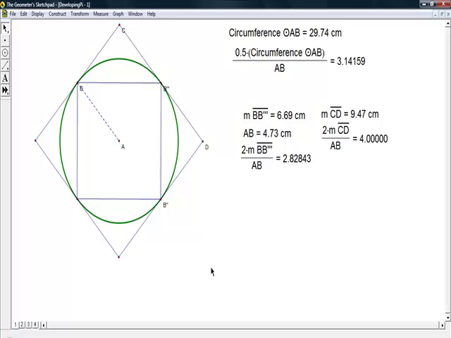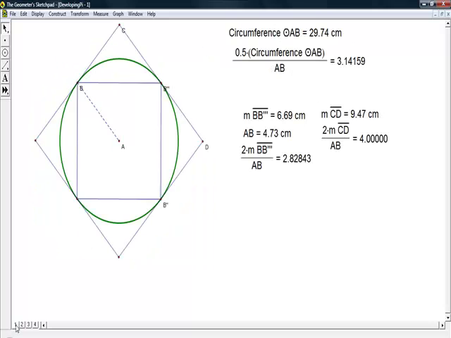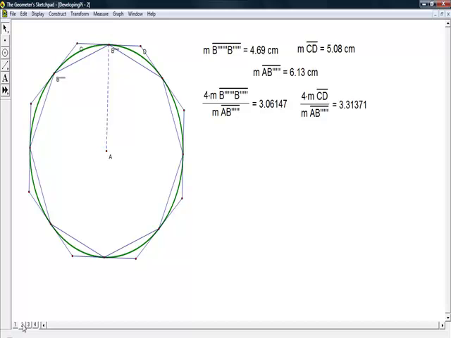Now, how do you get a better approximation? The way you do it is you add more sides. So I did an octagon instead of a square, and if you look, the octagon better approximates a circle than the square. Here I got a whole bunch of open area; here that open area is a little bit less.